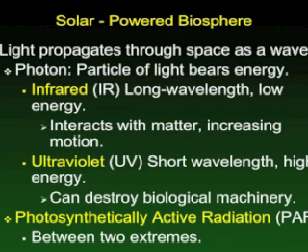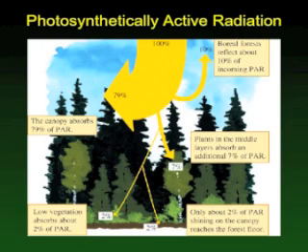The light waves that are in between these two extremes are the light waves that plants use in order to do photosynthesis. So we call this the photosynthetically active radiation, or PAR. And this radiation excites the molecules in pigments in plants, and then that energy is captured and it drives the photosynthetic reaction, turning the inorganic carbon dioxide into organic molecules like sugar.